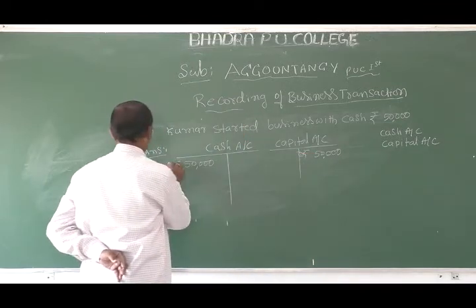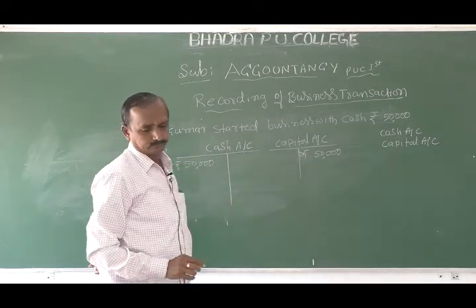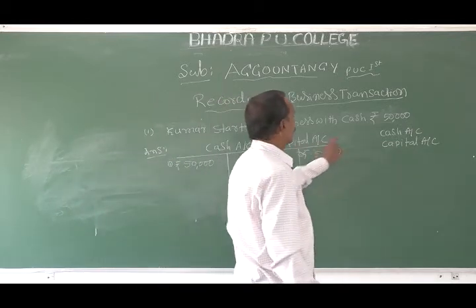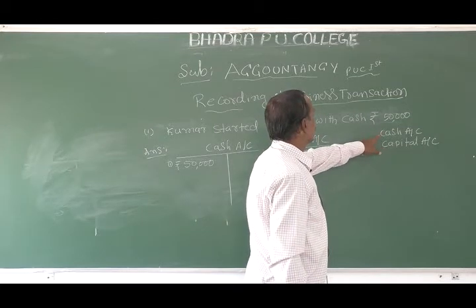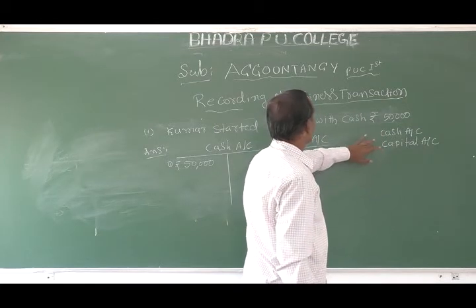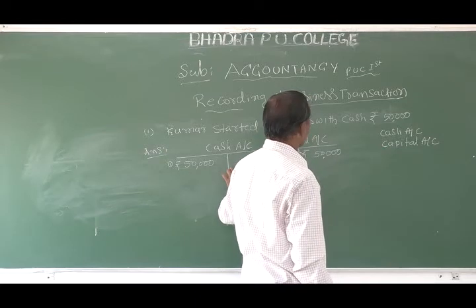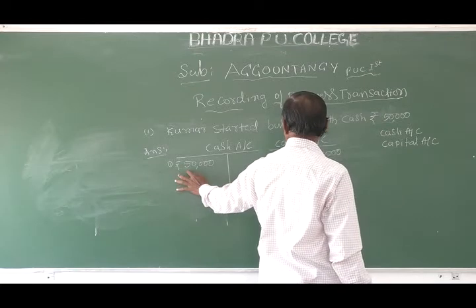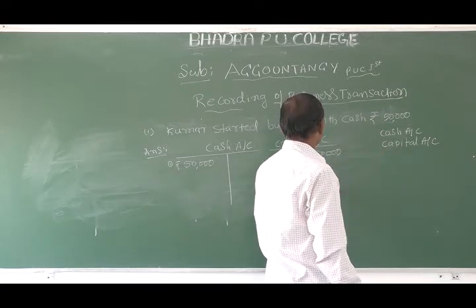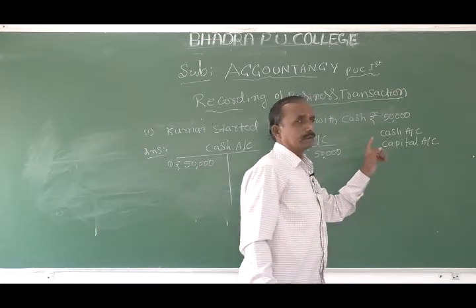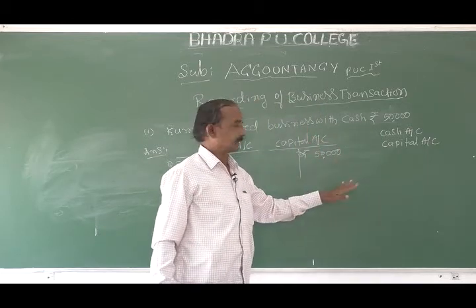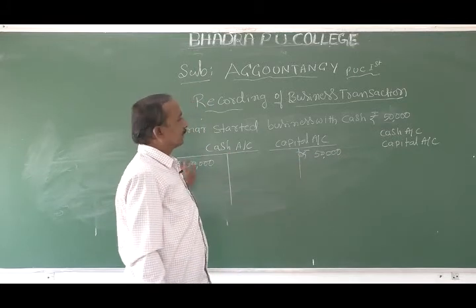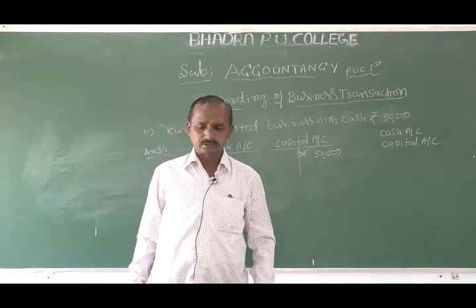Number one. This transaction increases the cash, so debit increases the cash, and the capital account is credited, increasing the capital of the business. That amount will be credited in the capital account and debited in the cash account.